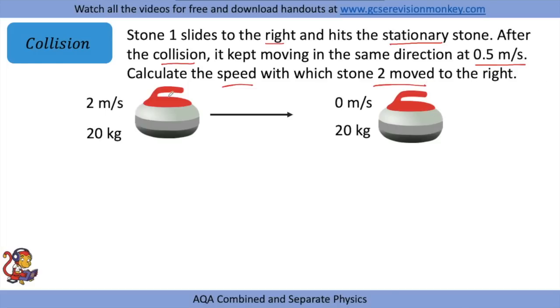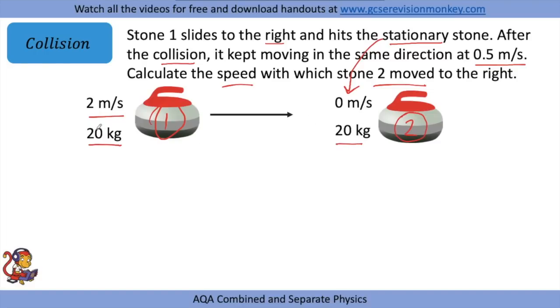So initially the speed of stone 1 was 2 meters per second and its mass is 20 kilograms. That was moving to the right and it hits this stationary stone, stone 2. So this tells us that it has a speed of 0 meters per second and it also has a mass of 20 kilograms.